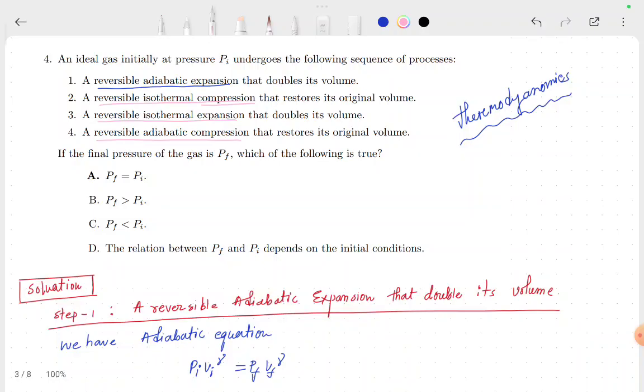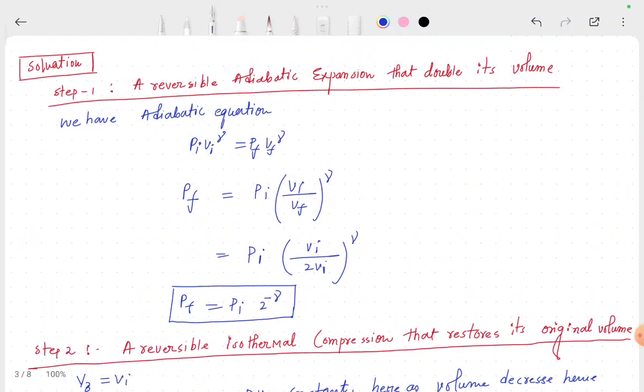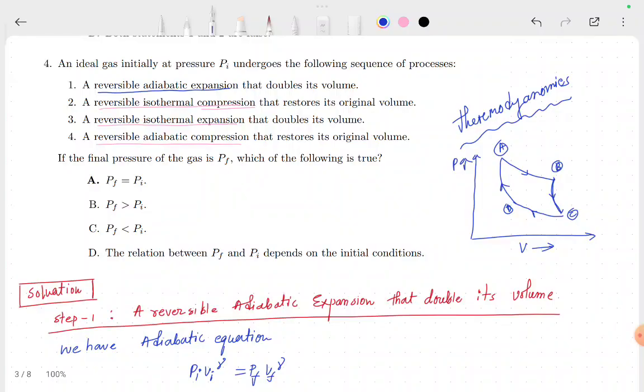This question is like a Carnot engine. If we draw a Carnot engine PV diagram, first is expansion, with points A, B, C, D. I have some mathematical calculations here also, but in this video we deal with it in a very conceptual way.